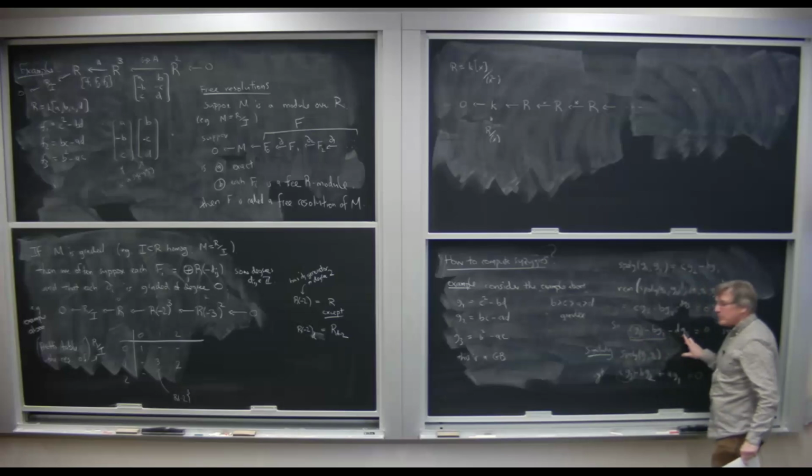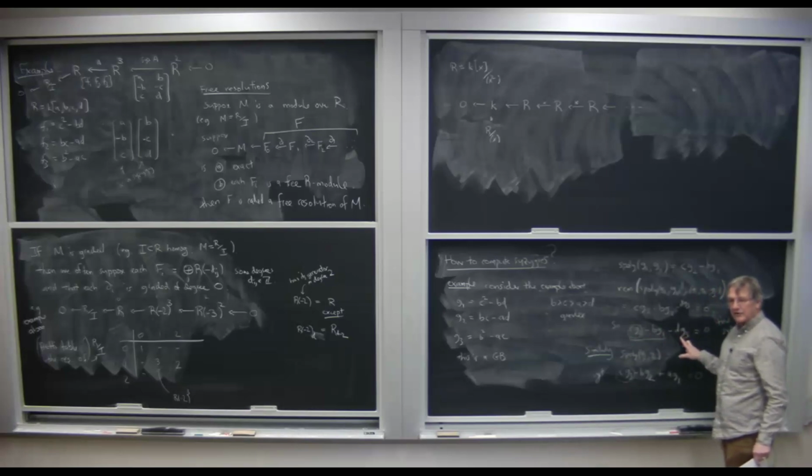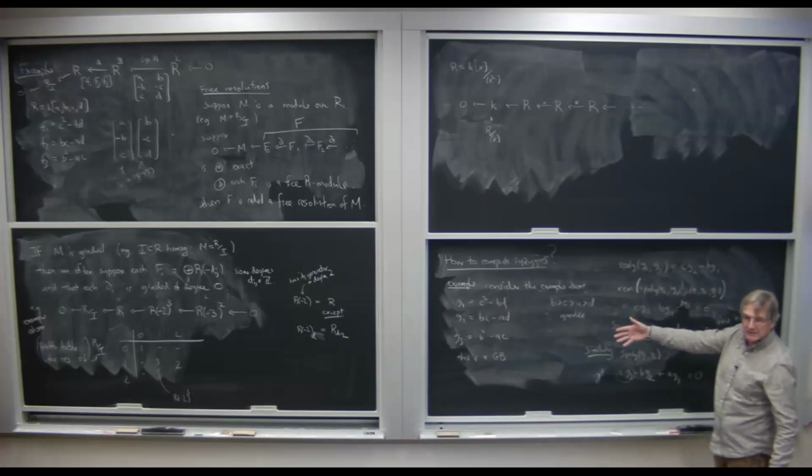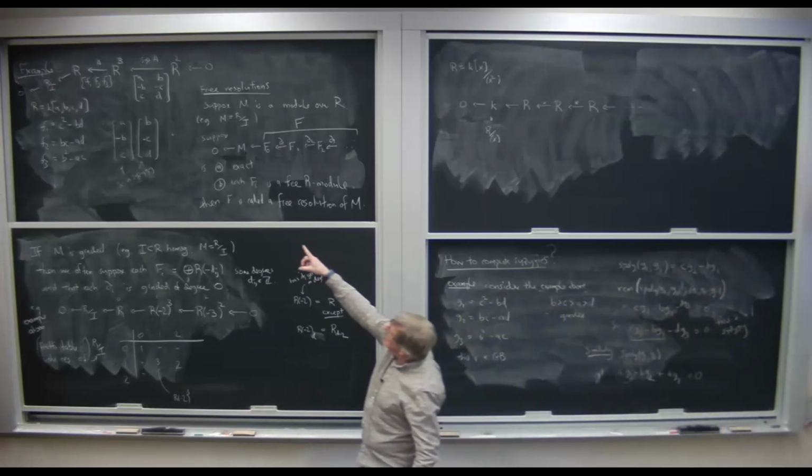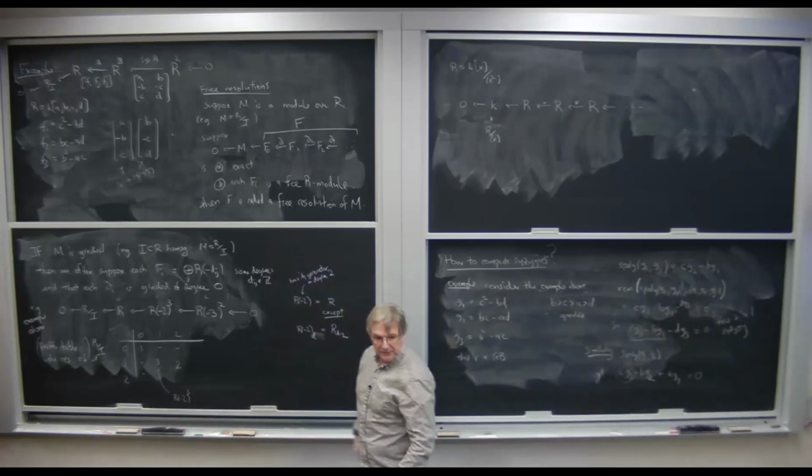If I don't multiply the GIs out, I can think of this as an element in the free module R to the 3 in this case. Does that make sense? So, and this one also is an R to the 3, which is good because that's where these syzygies are supposed to be living.